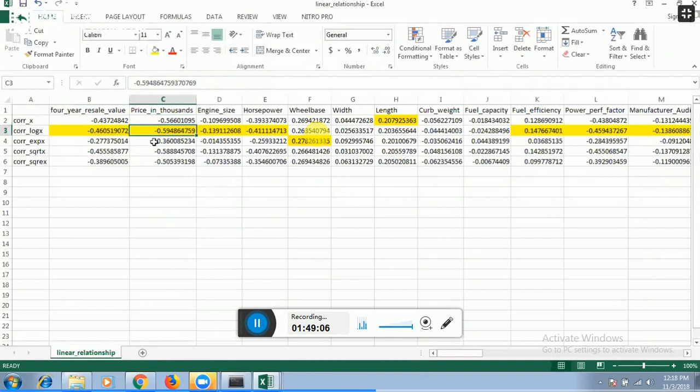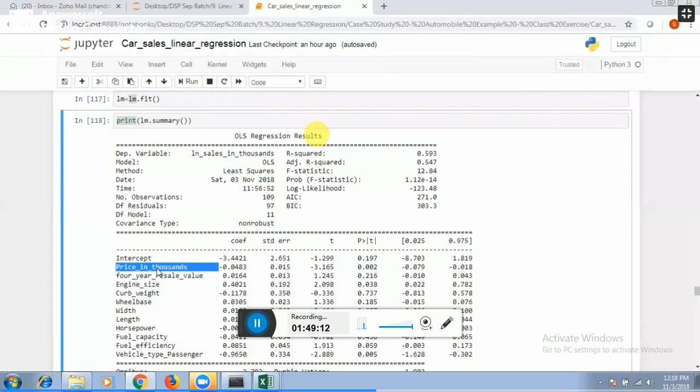So if I take a log transformation, you can include the log of price in 1000 instead of price in 1000 in your model. That way you can improve some more accuracy. Are you able to follow me? So these are the 3 aspects which you need to do.